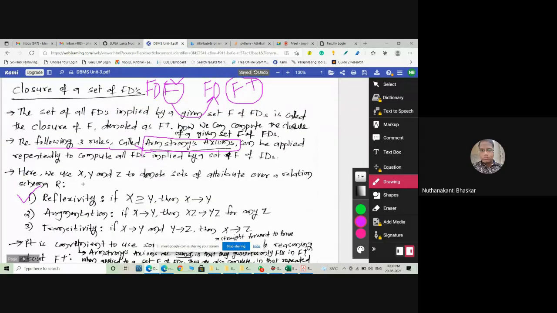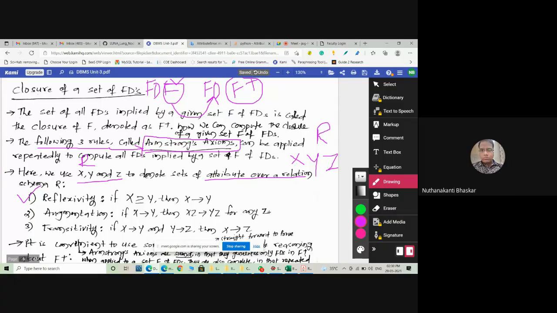Here is one relation R, which contains X, Y and Z as attributes. Let us consider X, Y, Z are the attributes of relation R. Clear? All of you clear? Yes, sir.